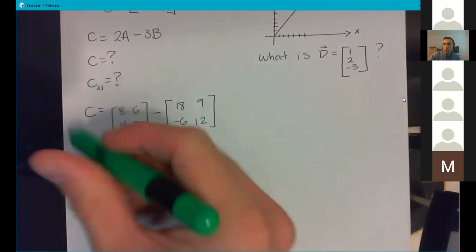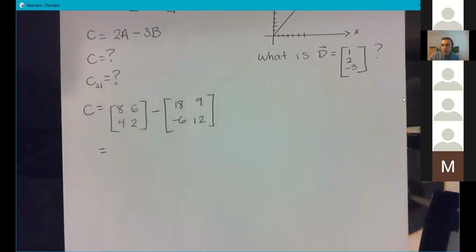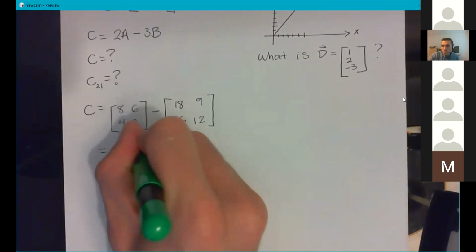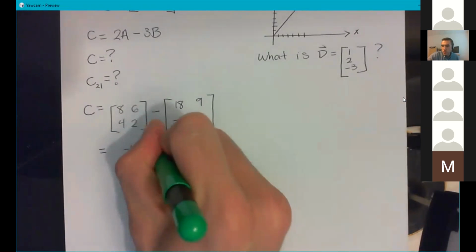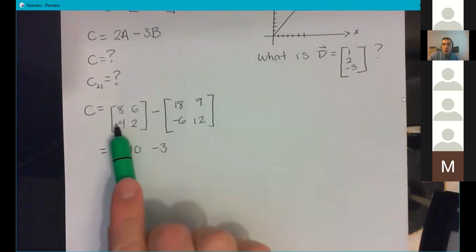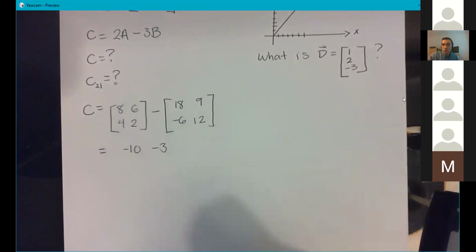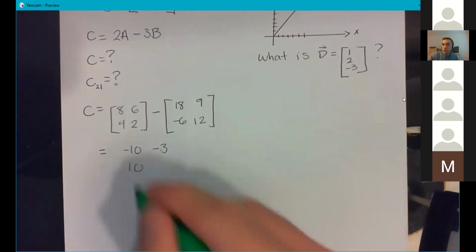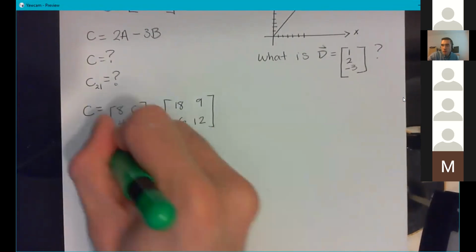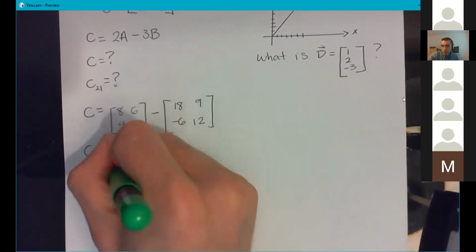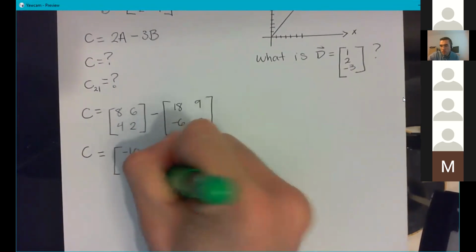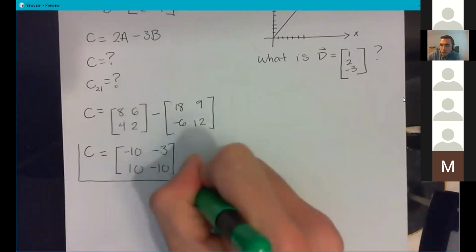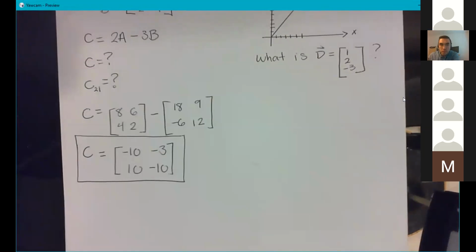So this is going to be equal to 8 minus 18, which is -10, 6 minus 9, which is -3, 4 minus -6, which is +10, and 2 minus 12, which is -10. And so this right here is matrix C. Are there any questions on this first part of the warm-up?